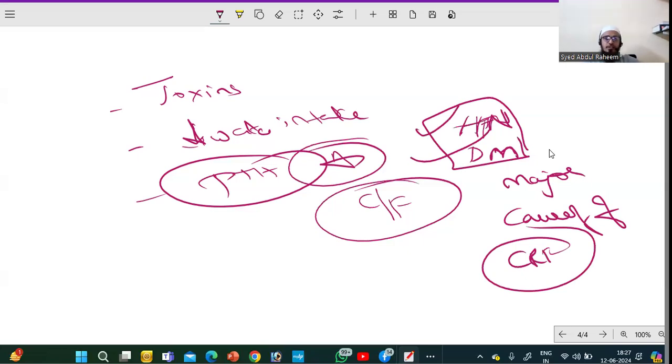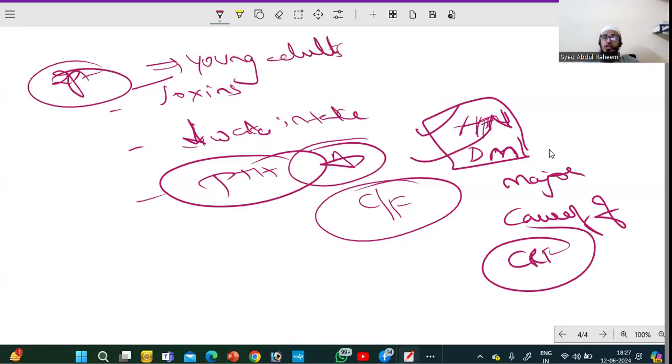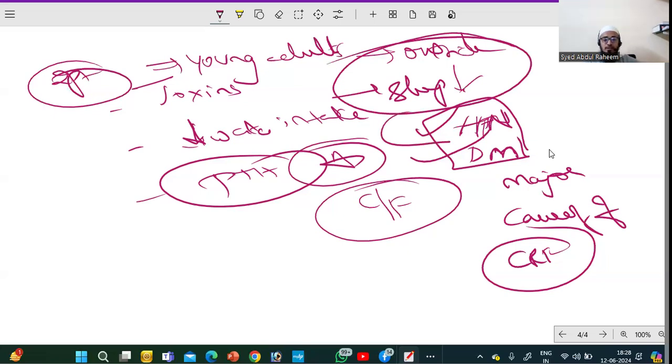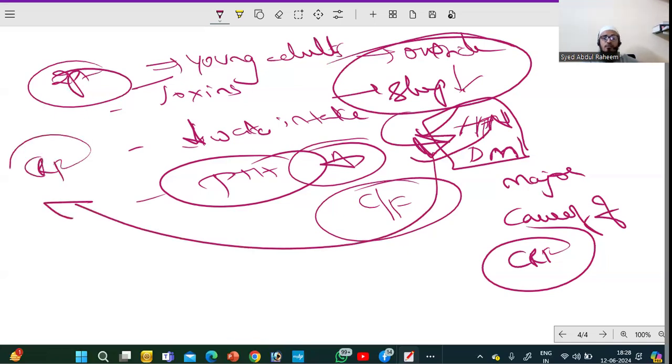So I saw two patients of chronic renal failure who are young adults. Okay, they have the habit of eating outside food, junk food, and they don't sleep at night, decreased sleep, which leads to hypertension. Okay, prolonged hypertension. They don't know that they have hypertension. They don't have any symptoms, but suddenly they have chronic renal failure.